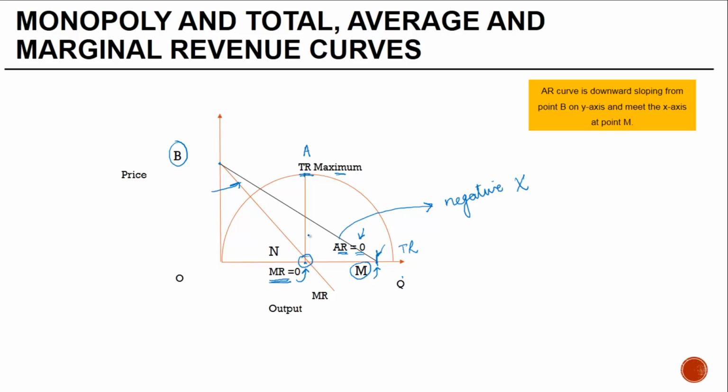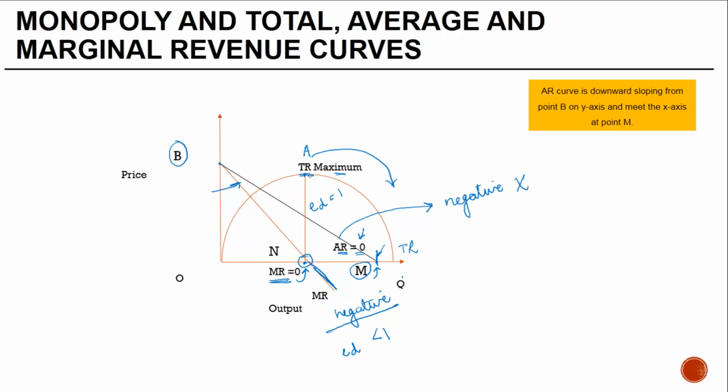At this point, the elasticity of demand is equal to 1, right? Once the total revenue starts falling from point A, the marginal revenue is in the negative zone, and in this zone the elasticity of demand is less than 1.